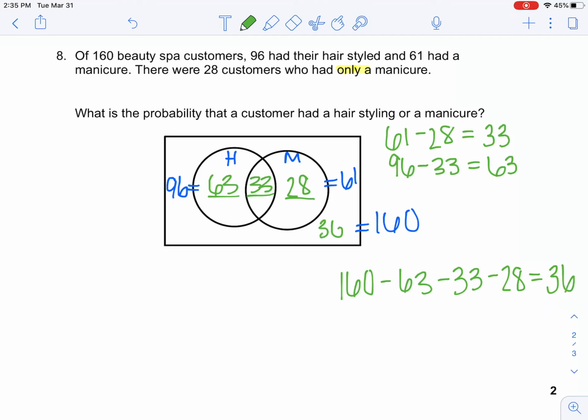So you can put that 36 somewhere on the outside of our two circles. For example, maybe those customers got their eyebrows waxed or something else that was not getting their hair styled or a manicure. There's plenty of other options that they could get done at the beauty spa.